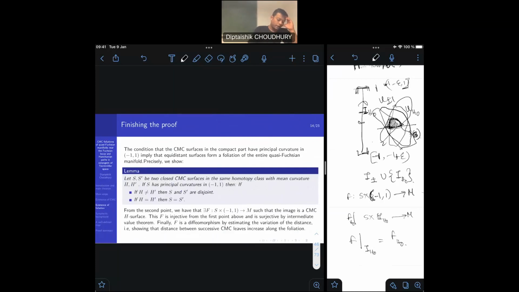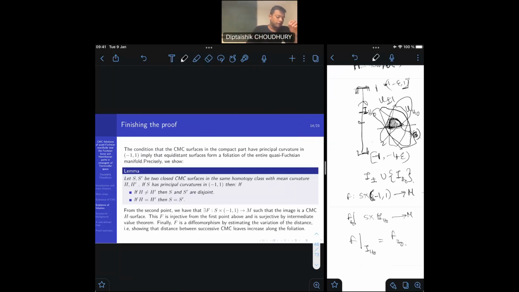And the second point is that in the overlaps there is nothing bad happening. So we have that the image is actually a CMC H surface, and from the first point we have further that this map is injective: if H is not equal to H prime, then S and S prime are not the same.